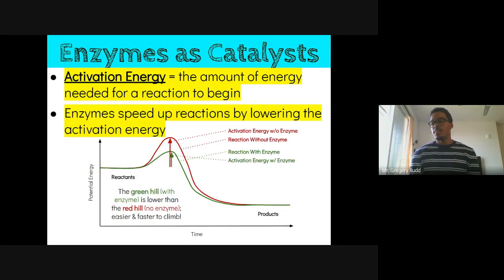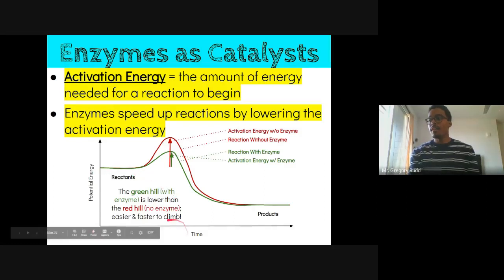Okay, so this is a pretty simple graph, one that you might draw in your notebook or maybe come back to and add some colors to. But the activation energy measures the energy not from the bottom here. Notice that these arrows don't go all the way to the bottom.